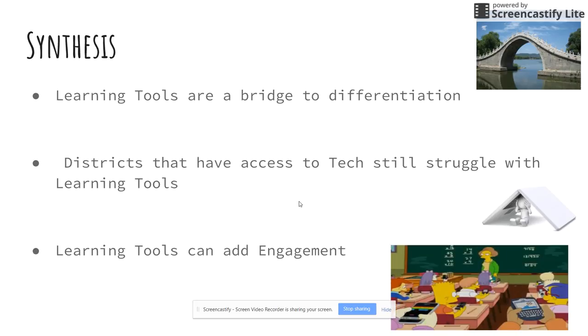Lastly, I saw that engagement was also a pretty big topic for our group. Engagement was probably brought up in almost all posts. We talked about how tech tools can add engagement with the use of, again, differentiation.